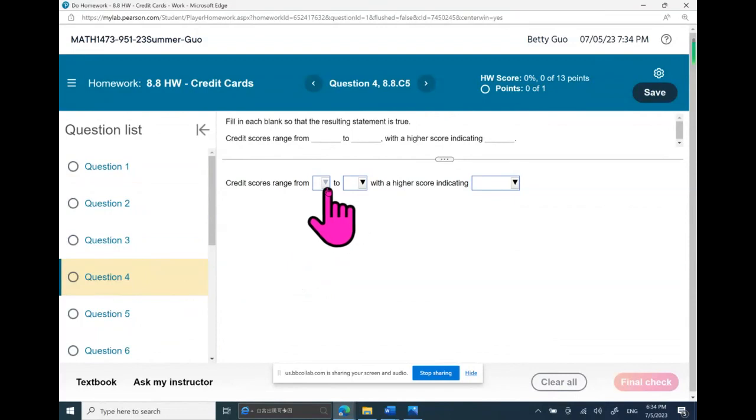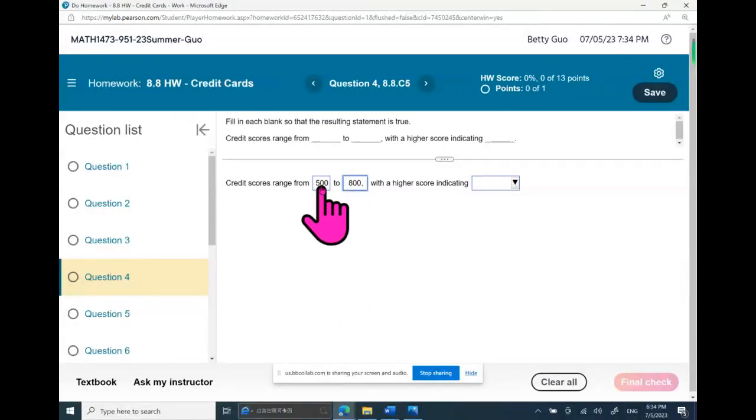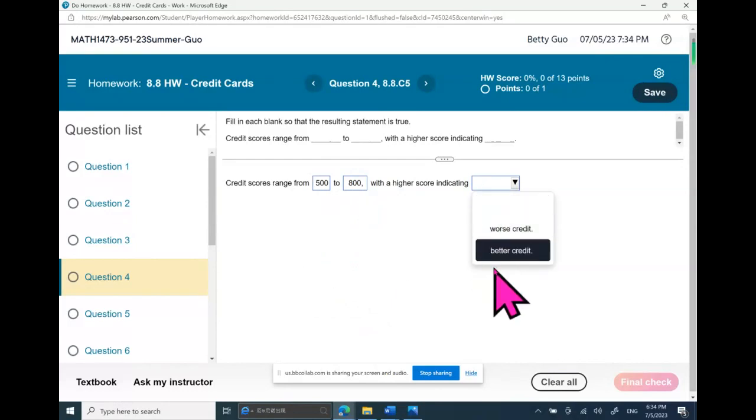Credit scores range from... how do we know that? Let's take a guess. 500 to, I know the maximum, 800. I'm at 700-ish. So the minimum, let's try 500, with a higher score indicating better credit. Let's give it a try.